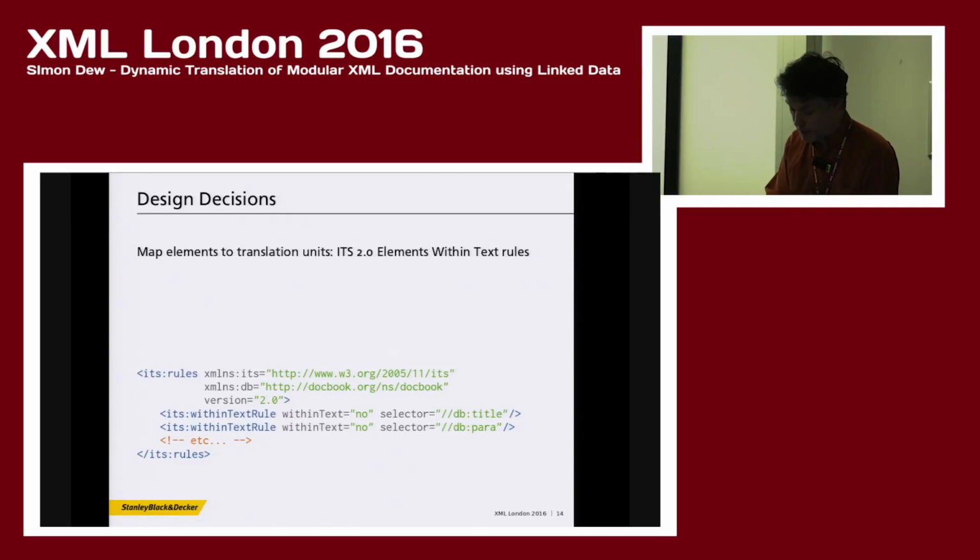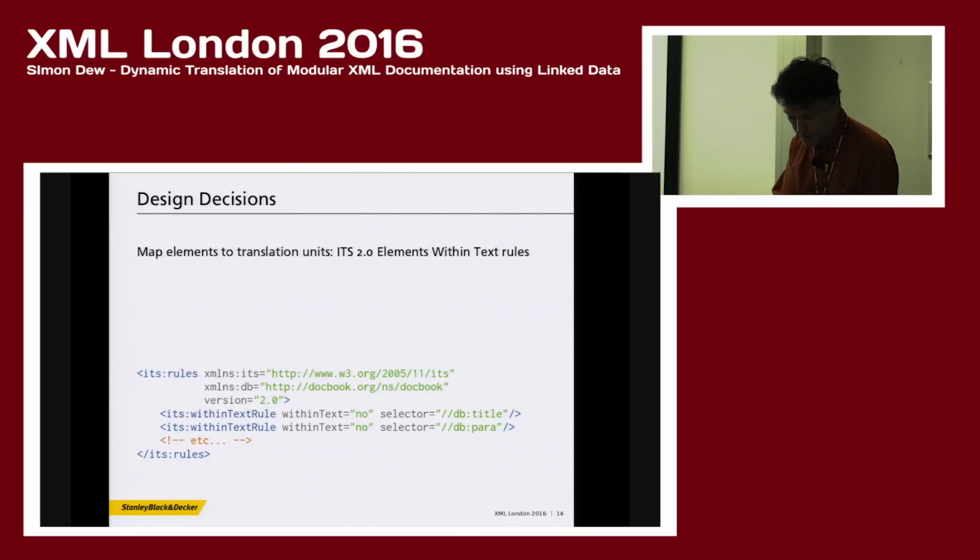So for instance, in DocBook XML, a paragraph element or a title element would be a block element, and they would map directly to a translation unit. And any child elements of that block element would be within text elements. And as you may know, the ITS Internationalization Tag Set 2.0 standard provides a mechanism for this.